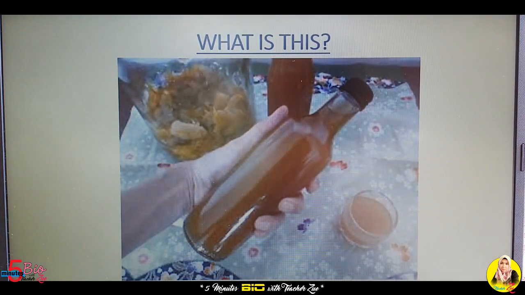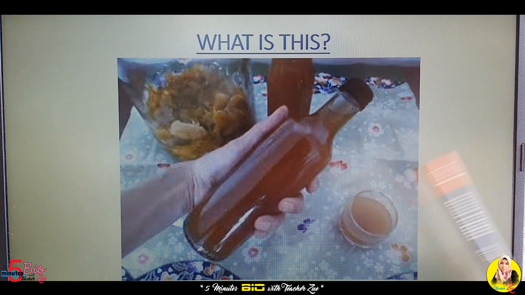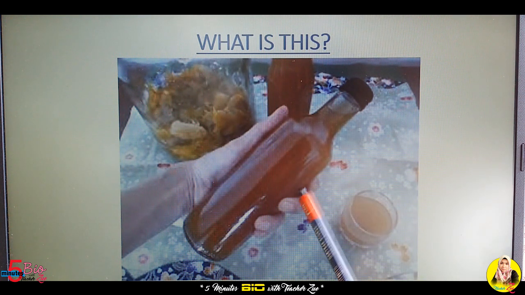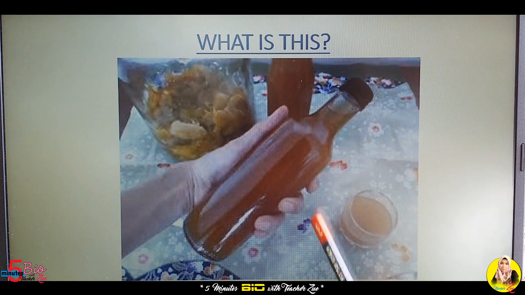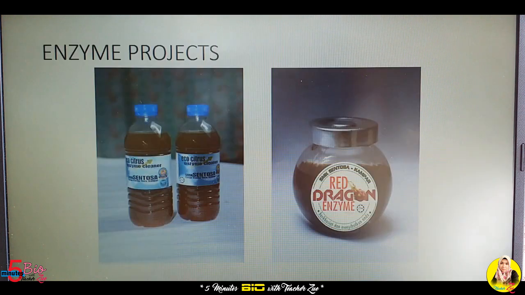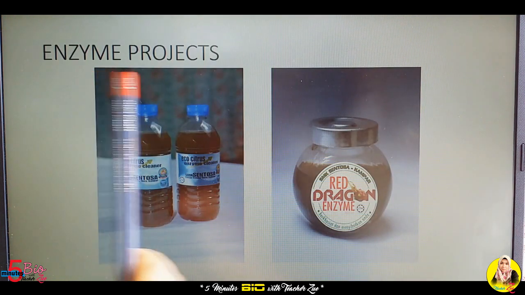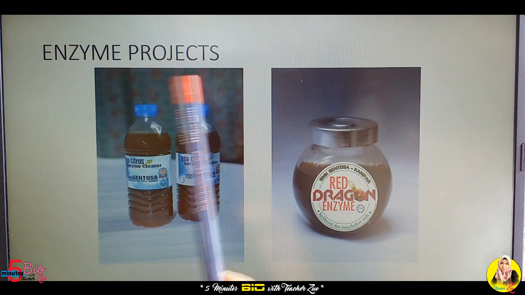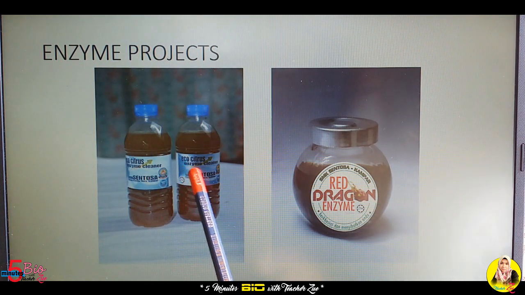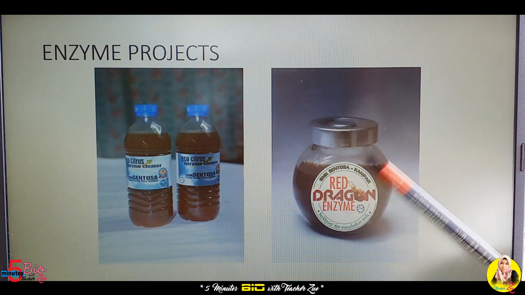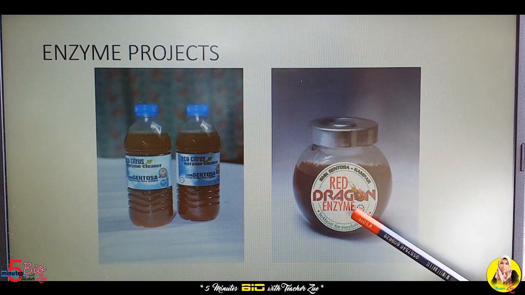Now we look at the picture. So what is this? This is an enzyme. We can do this at home actually. This is also an enzyme project that I have done in previous years: Eco Citrus enzyme cleaner and Red Dragon enzyme.